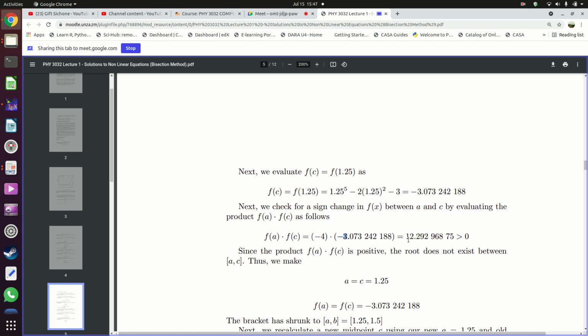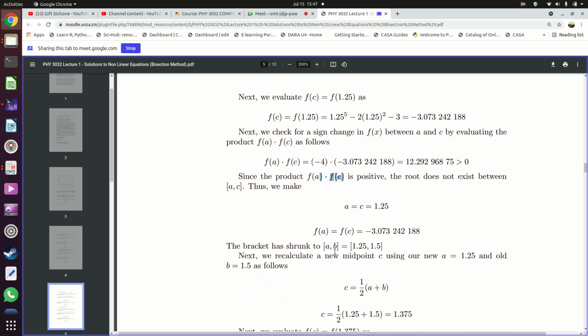You multiply these, you end up with 12.29298675. This is a positive value. This positive value is greater than 0. Since the product f of A times f of C is now positive, this is telling you that there is no root between A and C.